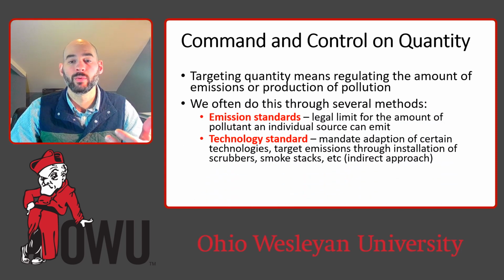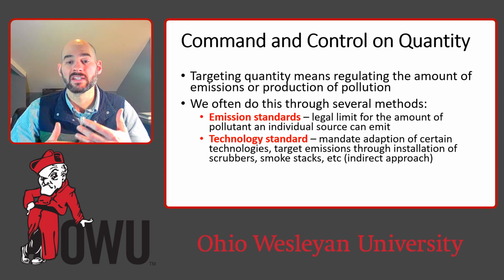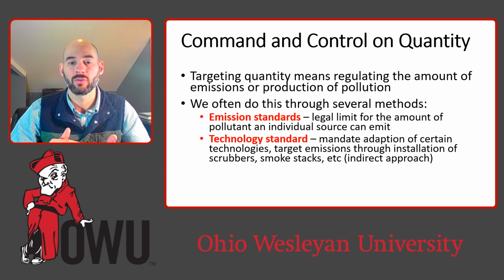And we can do this through a variety of methods. We can set an emission standard, which would legally require the amount of pollutants that an individual source, individual firm or economic agent can emit to fall below a certain level.